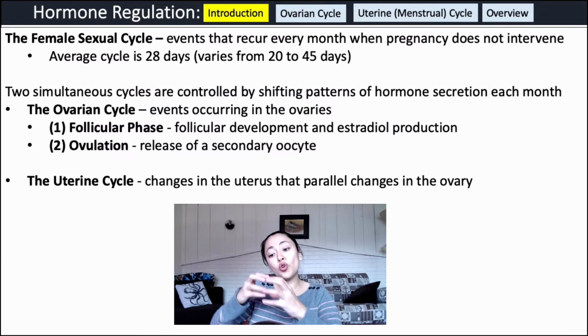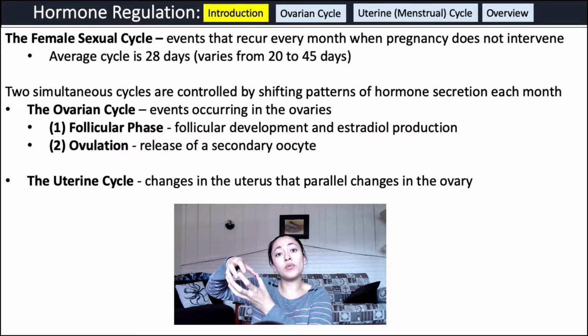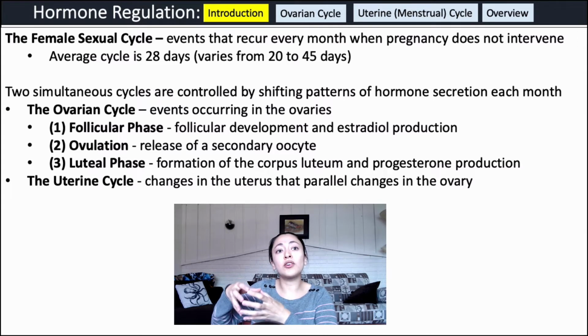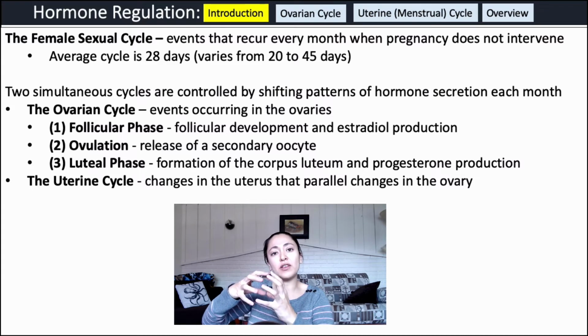Once that follicle releases a secondary oocyte, some of those follicle cells remain in the ovaries. And those remaining follicle cells will turn into a hormone secreting structure called the corpus luteum. So the last stage of the ovarian cycle is known as the luteal phase because of the formation of this corpus luteum. The corpus luteum is really important because it will start secreting a whole bunch of progesterone.